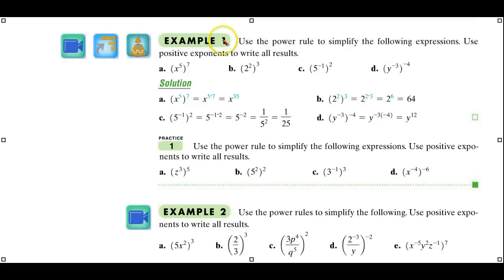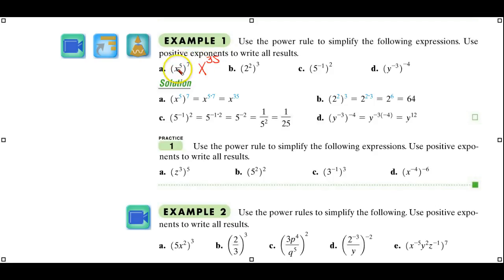Okay, so for example 1, this is the power rule. So we're going to multiply x to the 35th power. Now I can't tell you how many students have done this incorrectly and said it was x to the 12th. No, that's wrong.